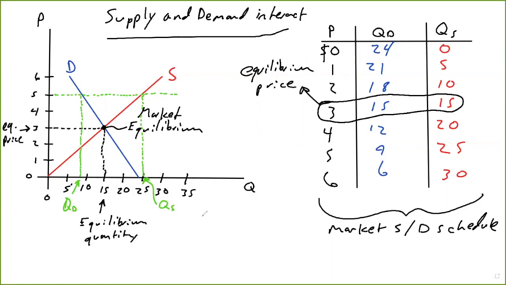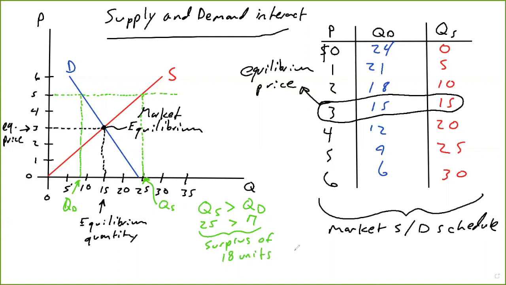Quantity supplied. So in this case, quantity supplied is much larger than quantity demanded. In fact, we've got 25 quantity supplied and about 7 quantity demanded, which means we have a surplus of 18 units in the market.